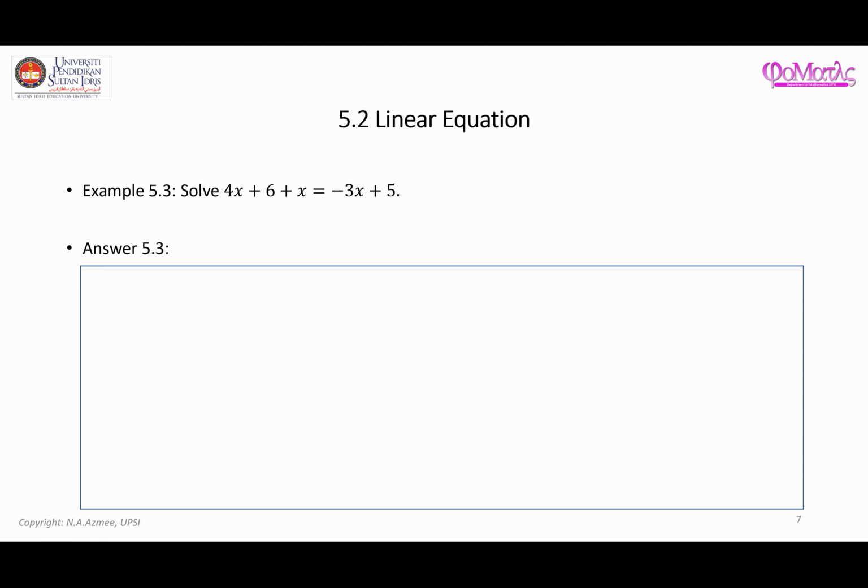So here we have 4x plus 6, and originally we have negative 3x plus 5. Putting all x together on the left hand side, I will have 4x plus x plus 3x is equal to 5 minus 6. Then adding the terms together, 8x is equal to negative 1. x is equal to negative 1 over 8.